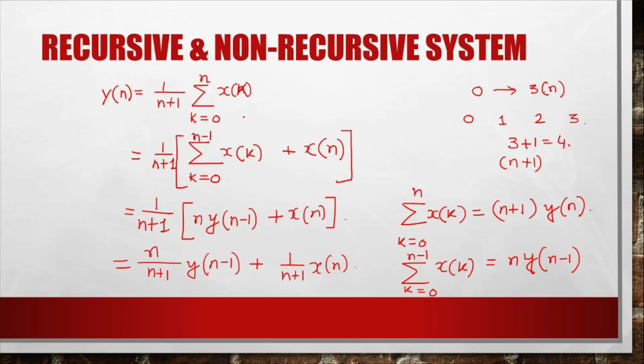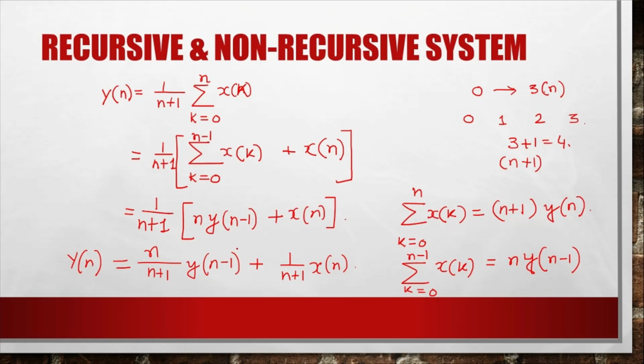But we can write this system in this form, where the system output is dependent on the present input as well as previous values of output. That means we can express the system response with respect to previous values of outputs.